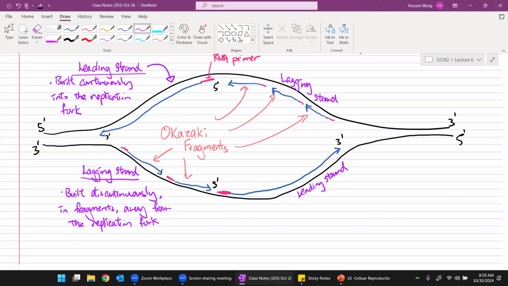Any questions? Yeah, it's a mirror image. Yeah, let's flip it. I'm not going to ask you to draw any of these on a test, so don't worry. But you obviously have to know the enzymes and all the stuff.